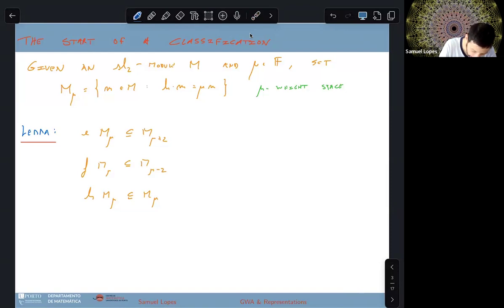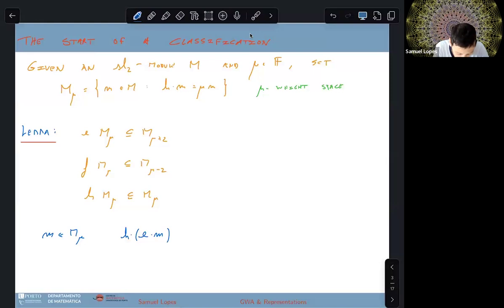So let's take some element M in M mu, and let's act on it by E. I want to see if this happens to be an eigenvector for H or not, and if it is, what's the eigenvalue. The way to find out is to act on this element by H and see if the result is a multiple of E times M, and what this multiple is.